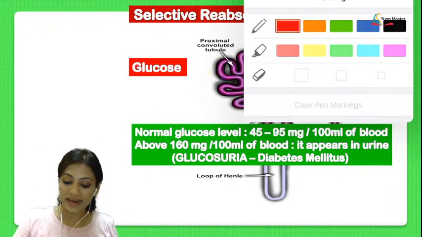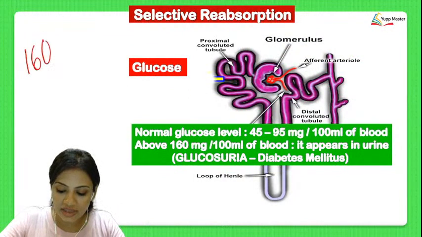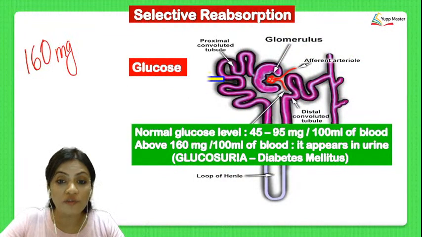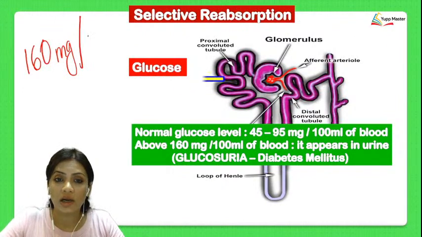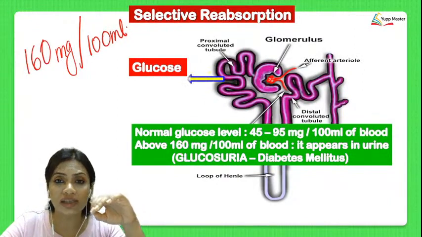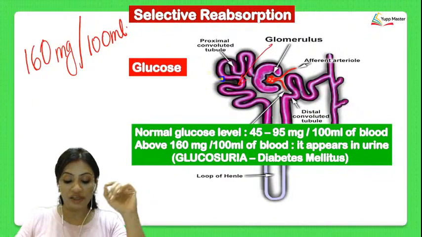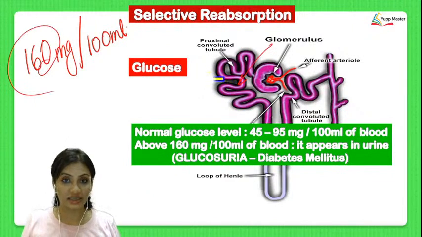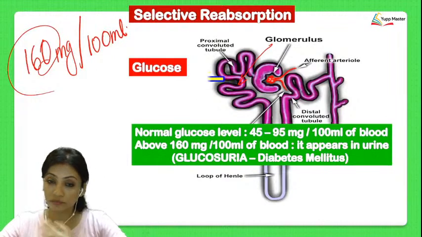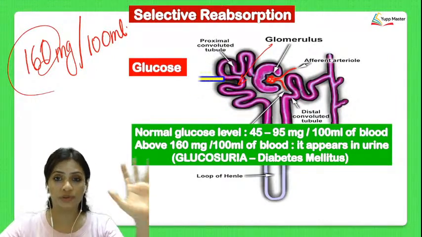Blood will go ahead and be ready to take 160 milligrams of glucose per 100 ml of blood. If at all there is more glucose than 160 in the filtrate, will blood take it? No, it won't. What will blood do? Let it go out through urine.